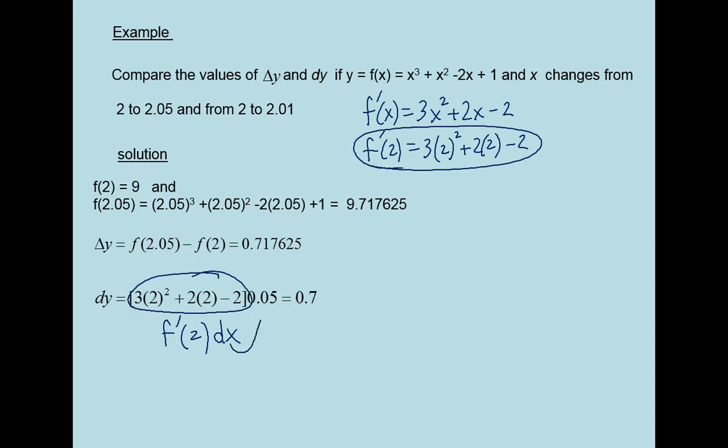And then we multiply that times the change in x. And the change in x from 2 to 2.05 would be 0.05. So this is the estimate in the change in the y value using the differential. This is delta y, which is the actual change in the y value. So that's how we use the differential to estimate the change in the y value.